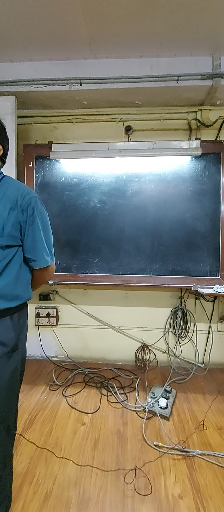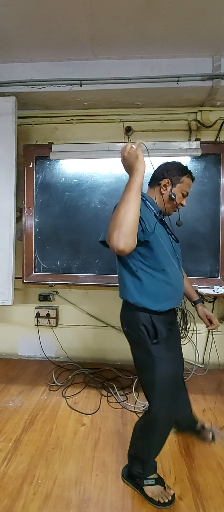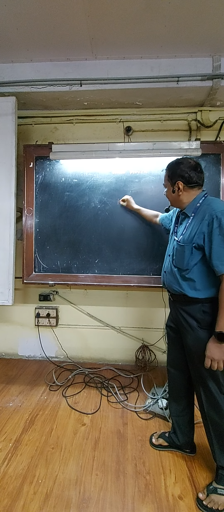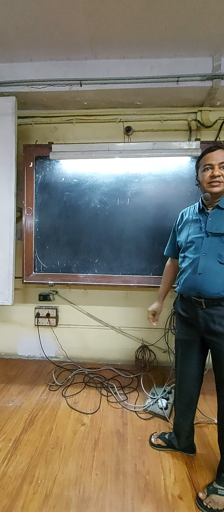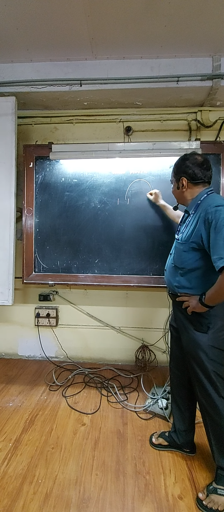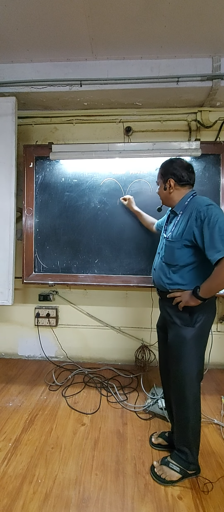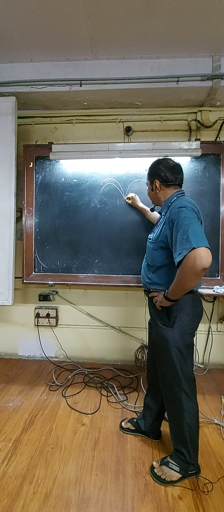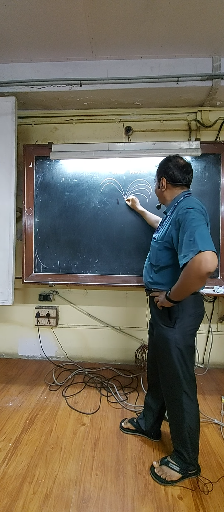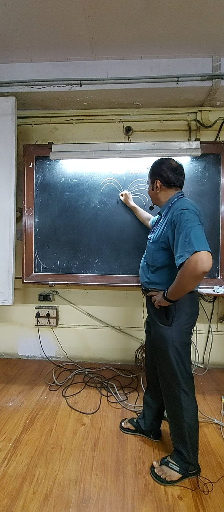Before we go on to that topic, just to tell you that this is the truncus arteriosus, and from this truncus arteriosus the arterial arches arise. 1, 2, 3, 4, 5 is rudimentary.